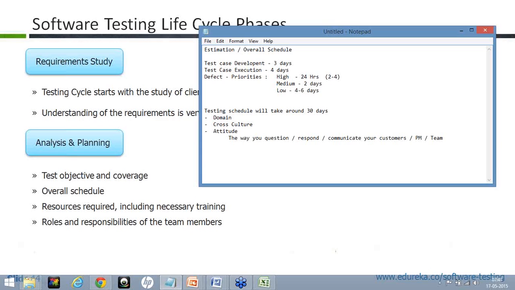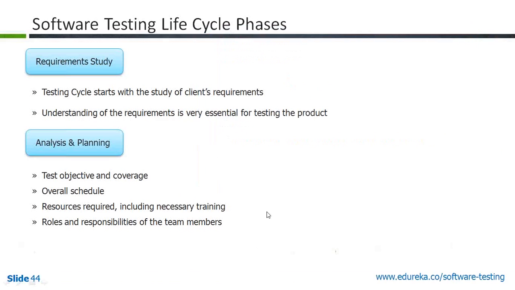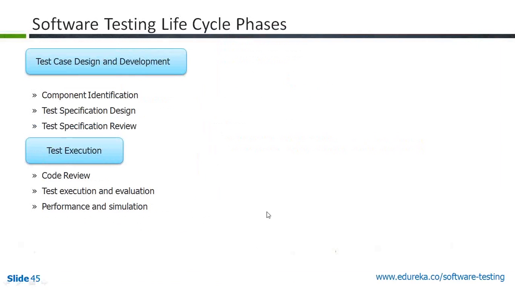So once a project comes into the picture, it is the responsibility of the project manager or the senior guys to derive the roles and responsibilities of the team members. This we will prepare in our planning. Understood? These roles and responsibilities of the team members will be written down in the test plan. I'll show you the test plan in a short while.